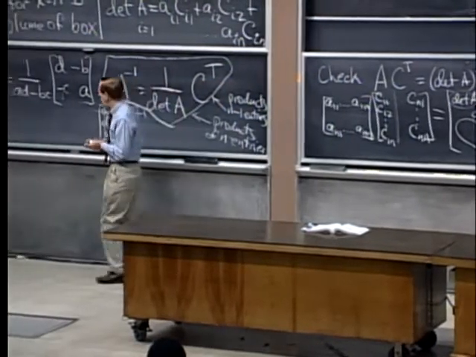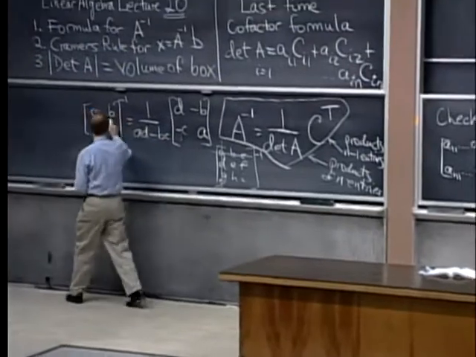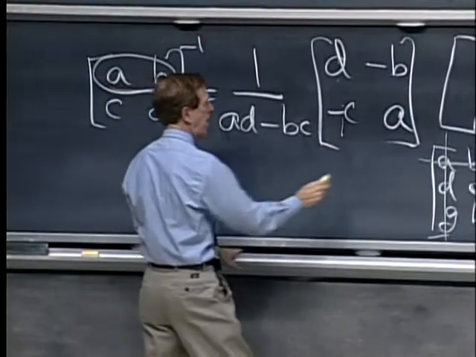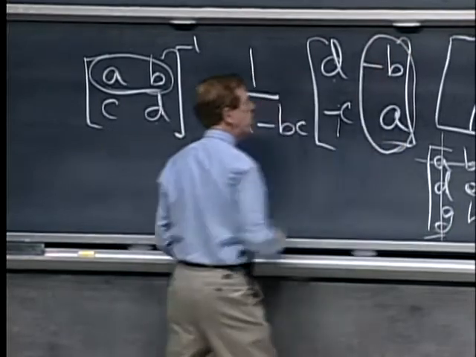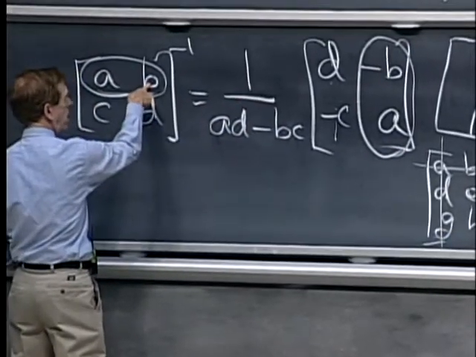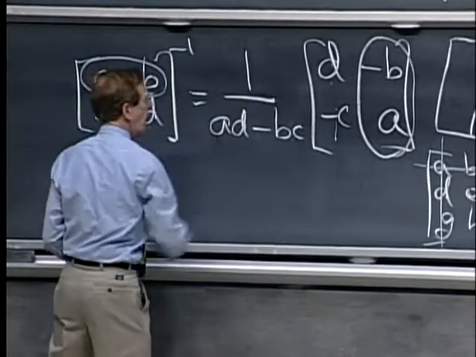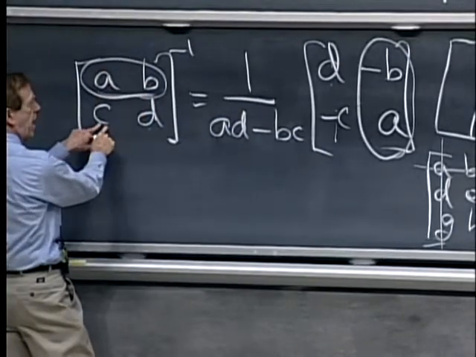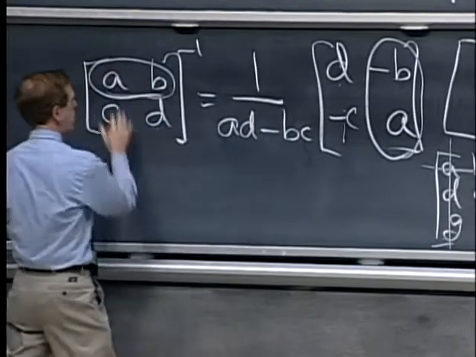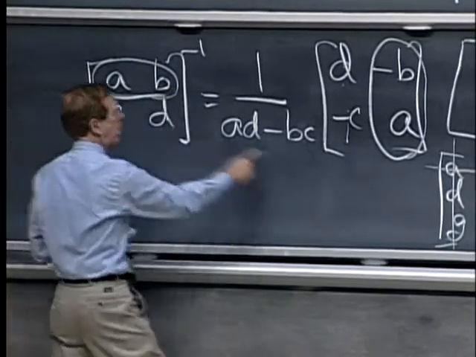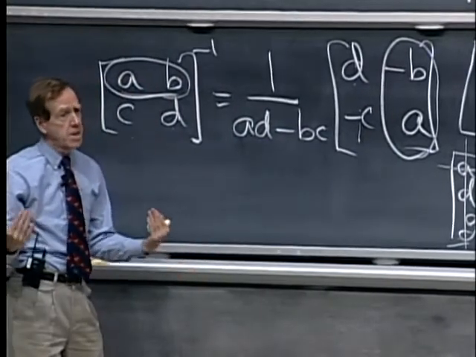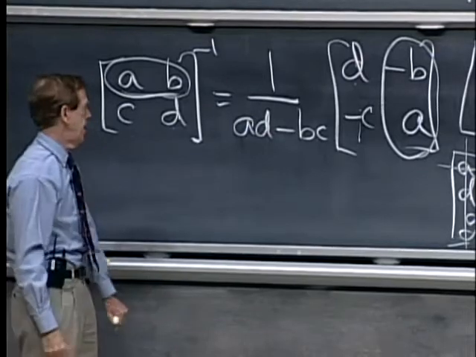Of course, we know it happens. In this case, here are the numbers from row 1, and here are the cofactors from row 2, because the cofactor of C is minus B, and the cofactor of D is A. And sure enough, that row times this column gives, please say it, 0.